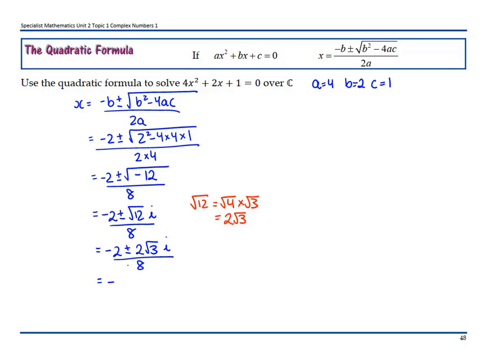So we have negative 2 bracket 1 plus or minus square root of 3i all over 8. And then I can cancel. So it becomes negative 1 plus or minus the square root of 3i all over 4, which can also be written as negative 1 over 4 plus or minus the square root of 3 over 4i.